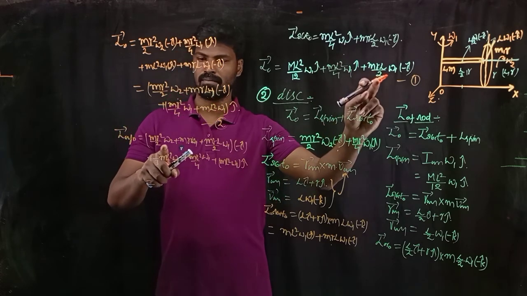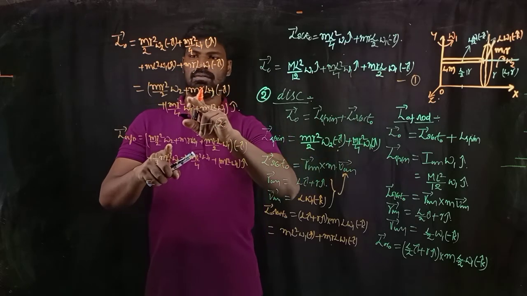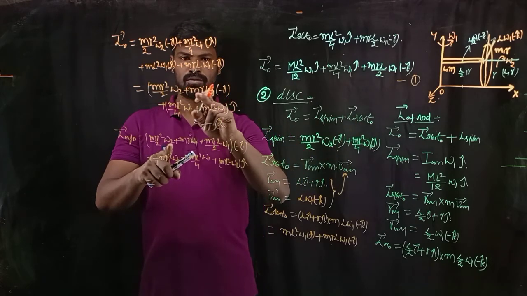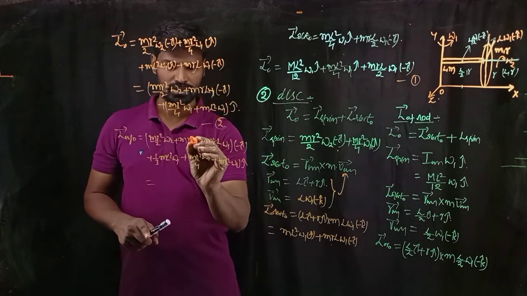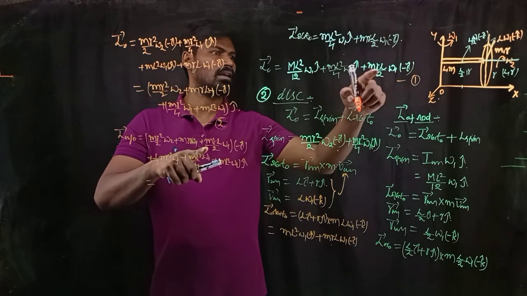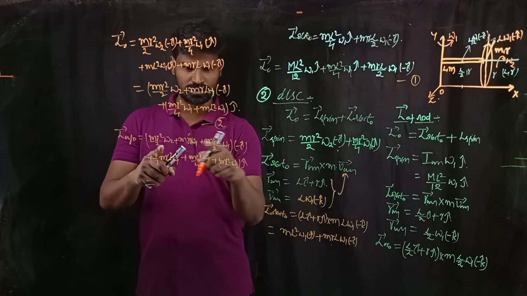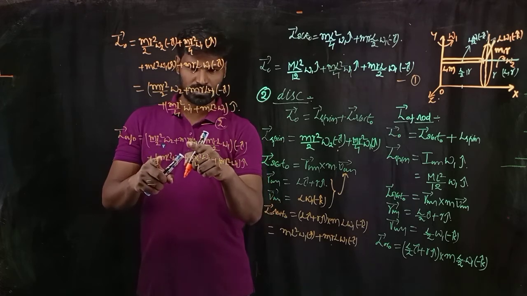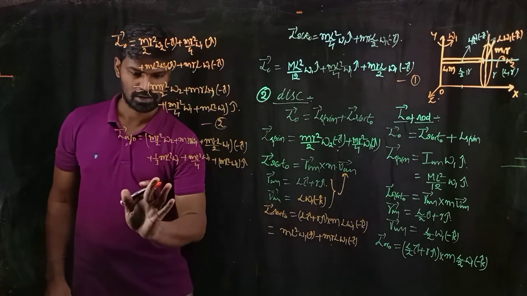So M R L divided by 2. This is M R square by 2 omega 2, M R L, I forgot to write L here. M R L omega 1 plus this is M R square divided by 2 omega 1. Is there any possibility for taking common any term? This is R L omega 1, this is R L omega 1, so yeah, we can add them.